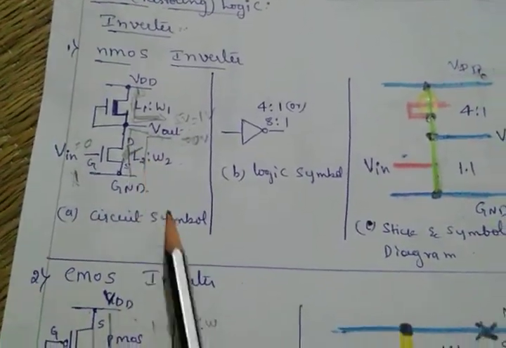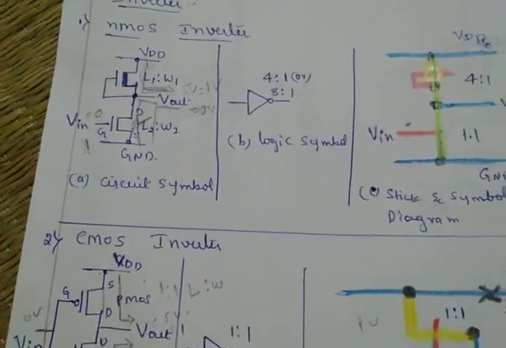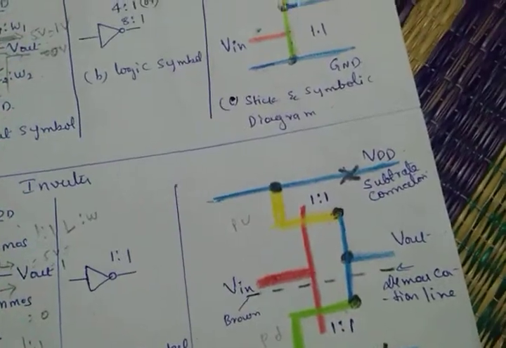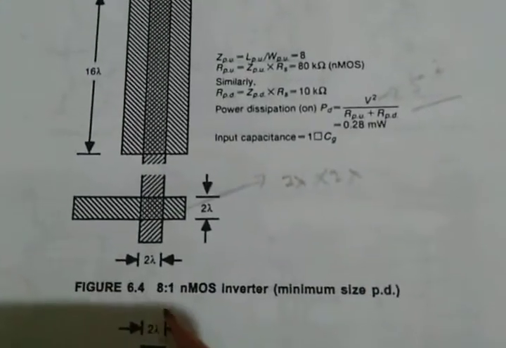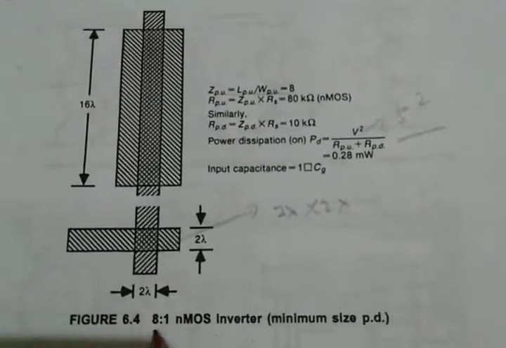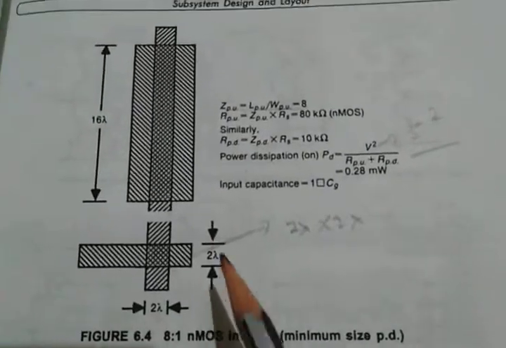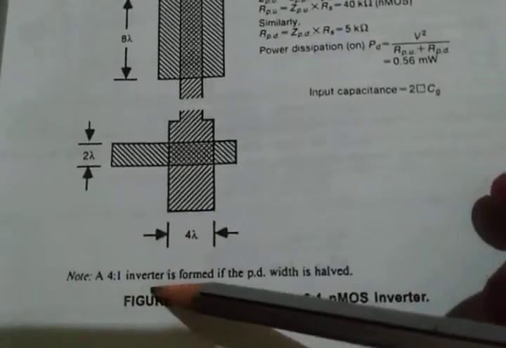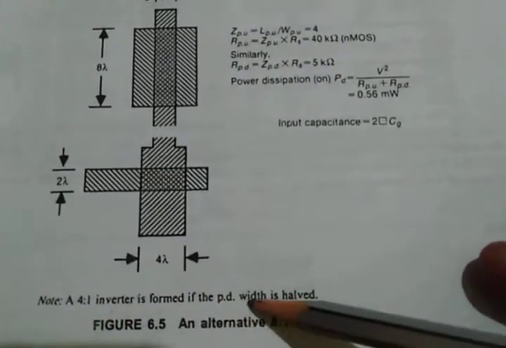Okay, then I also have to explain that, see here in the nMOS, I am considering an 8:1 nMOS inverter circuit, and also a 4:1 inverter using nMOS circuit.